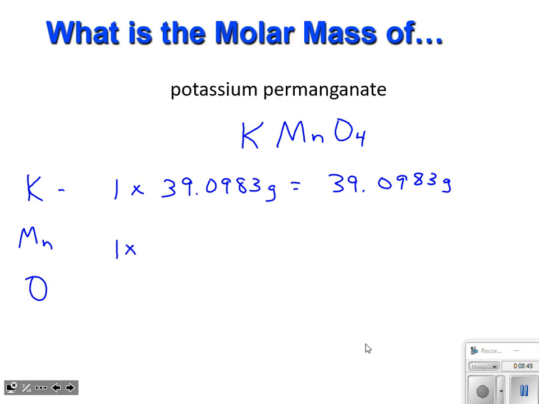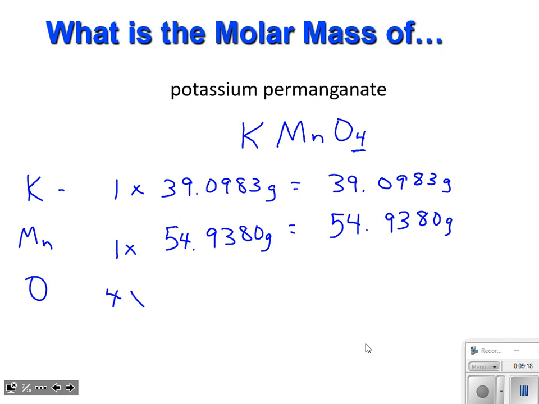Manganese. I have 1 manganese. Each manganese is 54.9380 grams. So my mass due to manganese is 54.9380 grams. Now, oxygen's where it's a little bit different, because I can see that I have 4 oxygens.